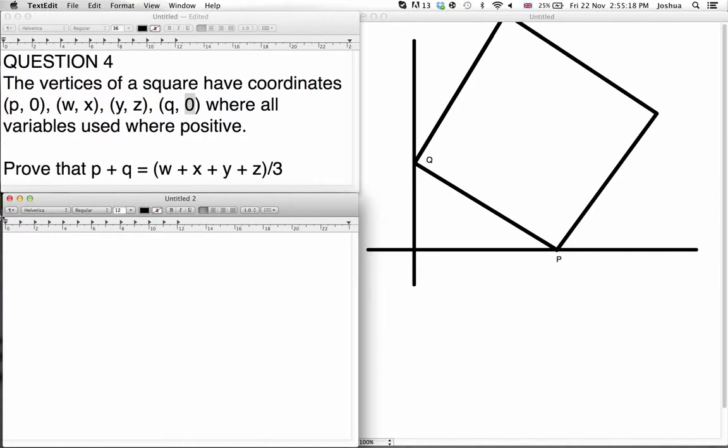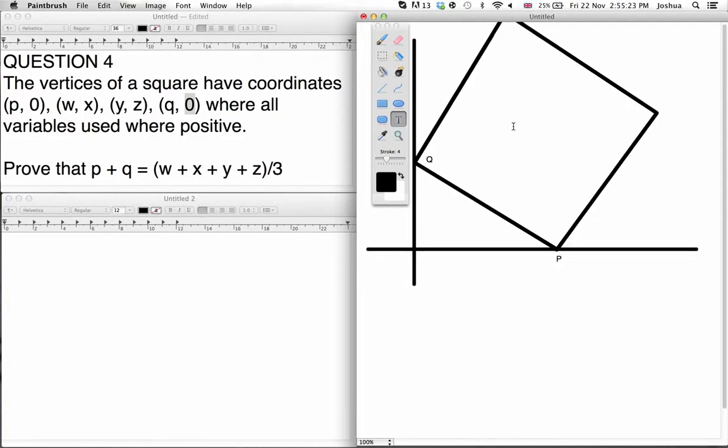Okay, what do we know about this shape? Actually, just try and have a go at this in the exam room. I never got time. Okay, we know that it must be looking like this because all values are positive. And we also know that the gradient between this line and this line is going to be the same, and this line and this line are also going to have the same gradient. And so those are some of the facts we know. So let's go through this correctly. These points are ordered in this rotation, so it was ordered counterclockwise, anti-clockwise.